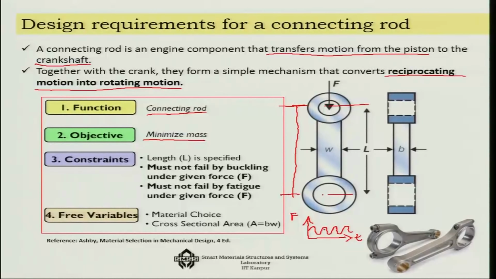So, that is why in this case the fatigue we have to bring into consideration. So, it must not fail by fatigue. So, must not fail by buckling, must not fail by fatigue. What will be the free variable for us? The free variable is the cross sectional area of this part of the connecting rod.